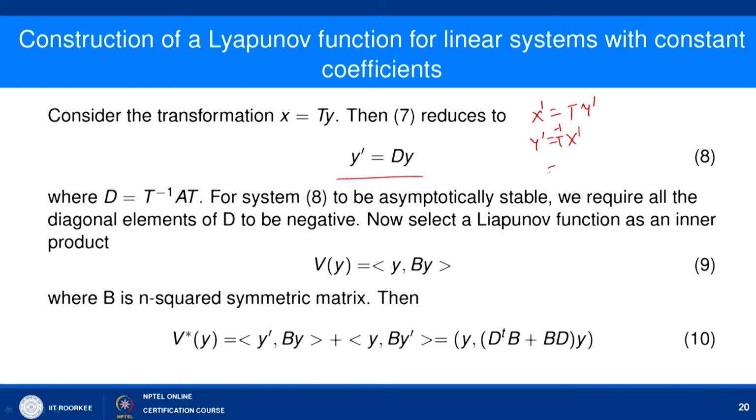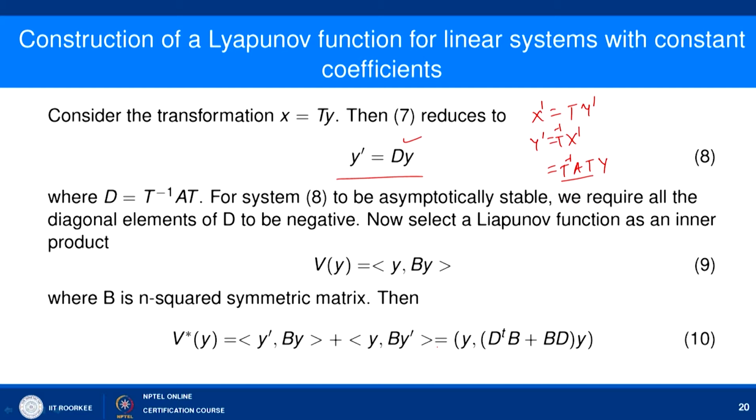Now, x dash is basically A of Ty, so T inverse x dash is nothing but T inverse ATy. I can write T inverse AT as D, and we can write this as y dash equal to Dy. The idea is that we choose the matrix T in such a way that D represents a triangular or diagonal system depending on the matrix A, right.